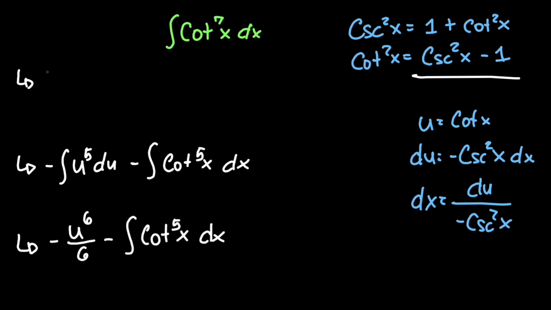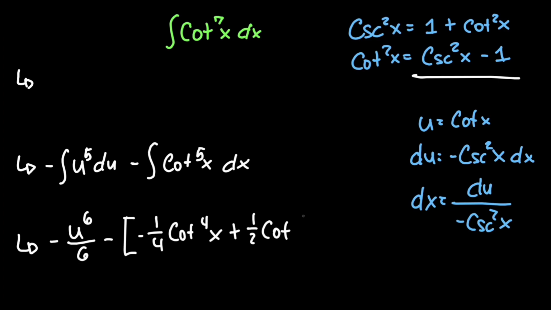So this would be the integral of cotangent to the power of 5 of x, it would be equal to negative 1/4 cotangent to the power 4x plus 1/2 cotangent squared of x plus natural log absolute value of sine x and plus the constant of integration.